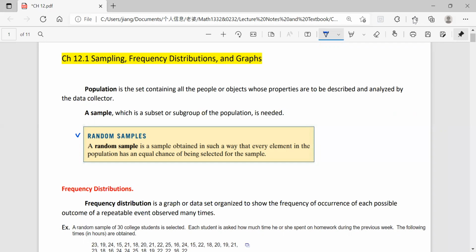So this one is a random sample. I didn't say who this person is, or whether he or she is a girl or boy. I just randomly choose. So each of the students has the same opportunity to be chosen for my survey.